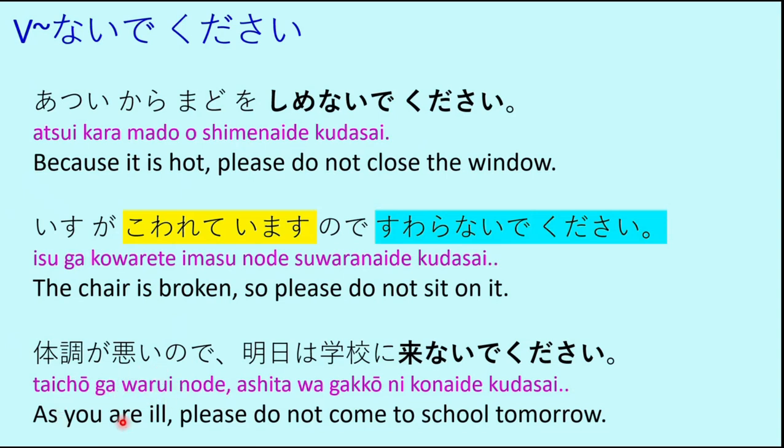That means as you are ill. 体調が悪いので means as you are ill. 明日は tomorrow, 学校に来ないでください. Please do not come to the school. Or gakko e konaide kudasai. Please do not come to school tomorrow. Taichou ga warui node ashita wa gakko ni konaide kudasai. As you are ill, please do not come to school tomorrow.